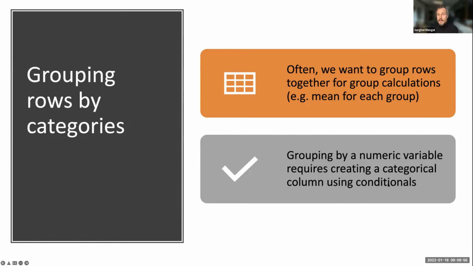If you would like to group, this is usually straightforward when the groups are well defined, like males and females. However, if you have numerical values and you want to group by that, it's less straightforward, because first you need to define the threshold. By threshold, we mean some number which will differentiate the groups.